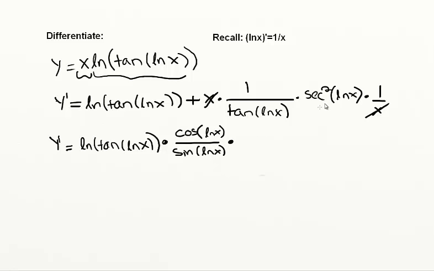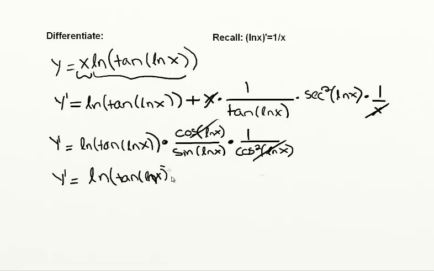And then our secant squared is really 1 over cosine squared of the natural log of x. So these two cosines cancel out. So what are we left with? This stuff in the beginning, the natural log of tangent of the natural log of x, still stays there. It doesn't change. So we have a 1 over sine of the natural log of x times a 1 over cosine of the natural log of x.